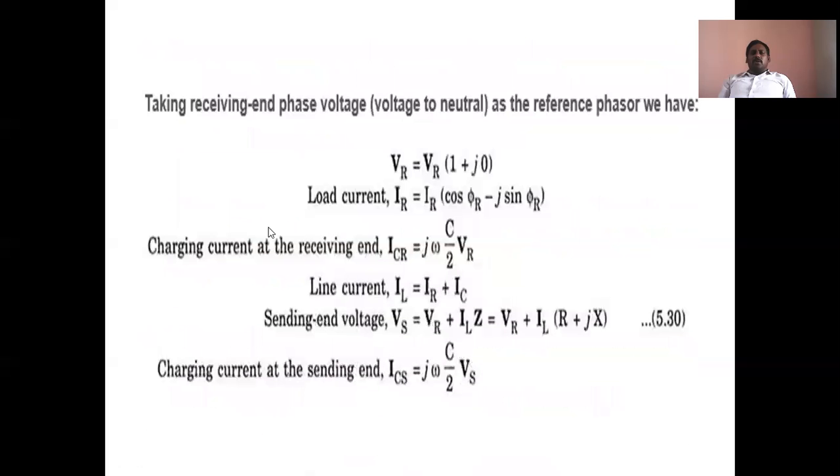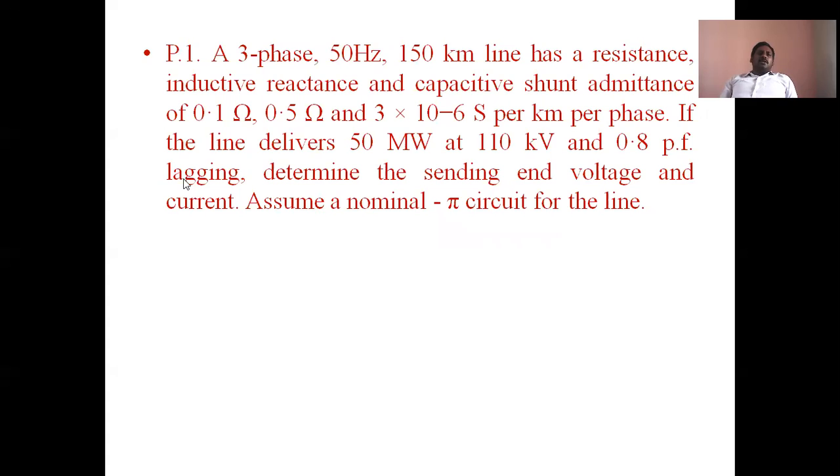So these are the performance equations discussed. Based upon these performance equations, we will do some problems now. See here, first problem: a three-phase 50 hertz 150 kilometer line has a resistance, inductive reactance, and capacitive shunt admittance of 0.1 ohm, 0.5 ohm, and 3 into 10 power minus 6 Siemens per kilometer per phase.